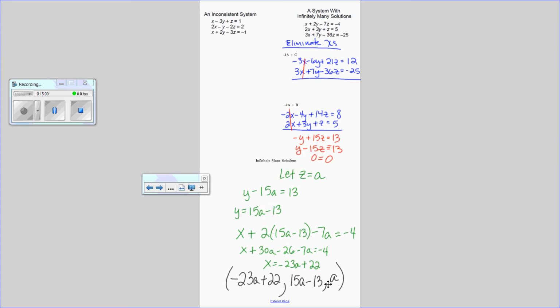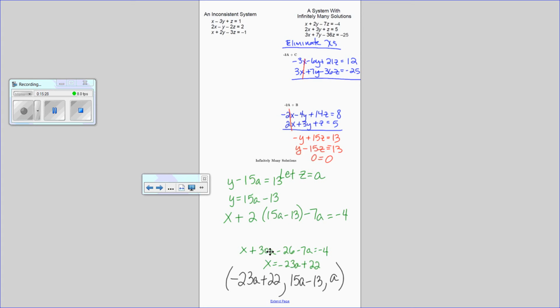In this case, I'll use the first one since it is the simplest, and I'll plug in 15a minus 13 for y, and a for z. When I simplify that, I get x equals negative 23a plus 22. What does this mean, you ask? Well, this is called a general solution to a system of equations.